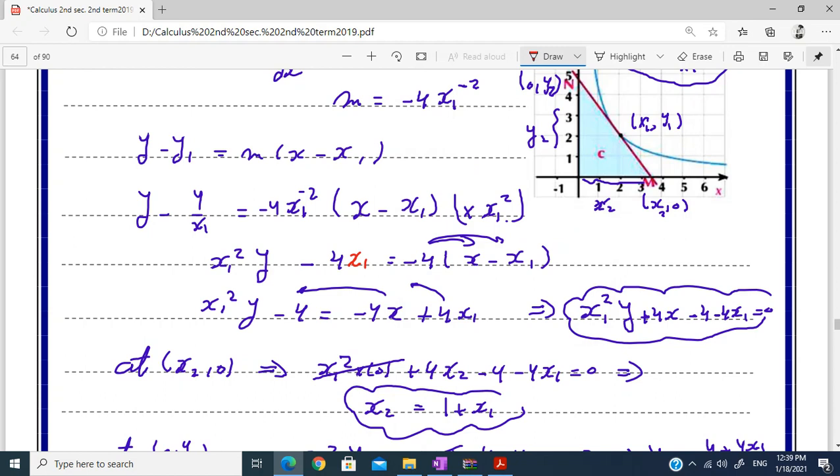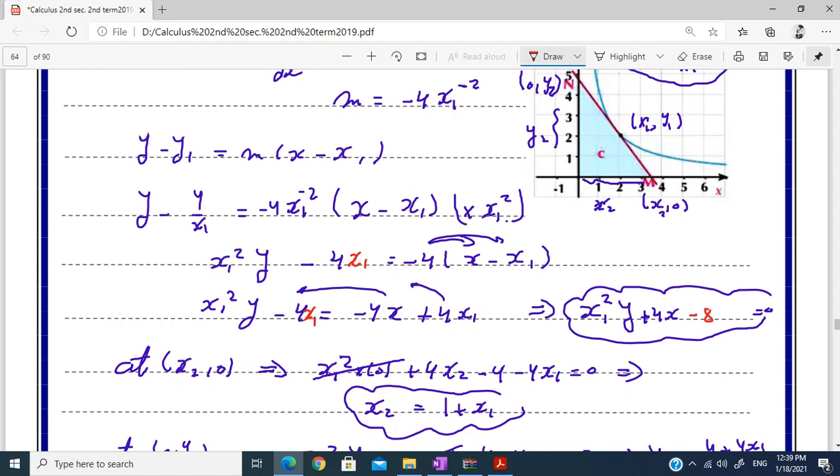So you will get this is 4x1 and this will be positive 4x1, so it will be positive 8x1. So this value will be negative 8x1.